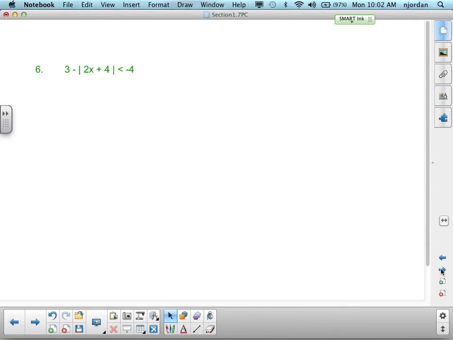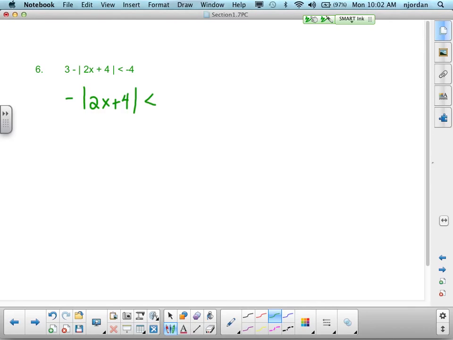Okay, last example, we have one going the other way. We have a little bit of solving to do first here. So we've got the opposite of the absolute value of 2x plus 4 is less than negative 7. And then we flip the sign because we have a negative in front of the absolute value, to make it positive.